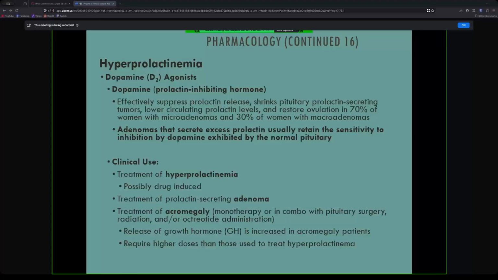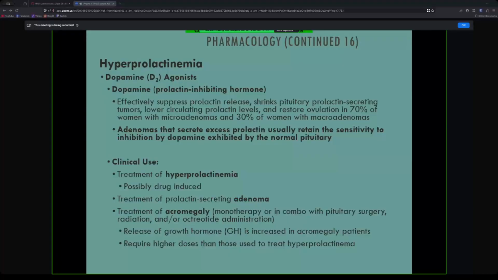It's interesting to note that prolactin secreting adenomas typically are still sensitive to dopamine's normal inhibitory signal for prolactin release. So that's why these dopamine agonists work so well, even against tumor tissue, if it's an adenoma causing the prolactinemia. Unlike other functioning adenomas that will escape that normal regulatory control.